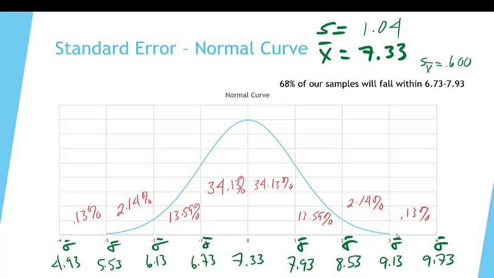At this point, we're saying this is more than 99.9% of our sample means should be 9 or less. And we can look at the data, and we'll look at the data in just a minute, and see that this is true. 68% of all the samples that we get should fall within 6.73 or 7.93. And again, we'll look at that and see that that is true.